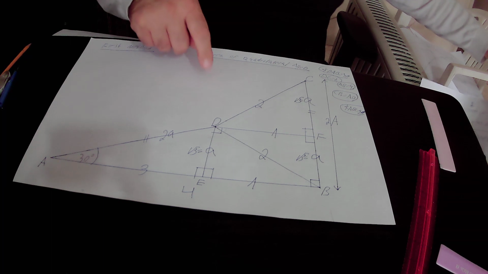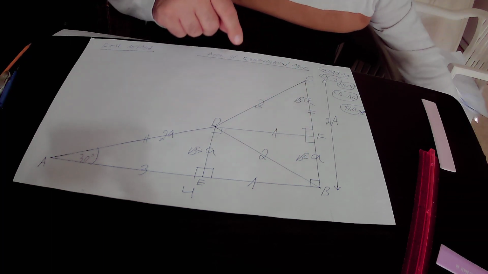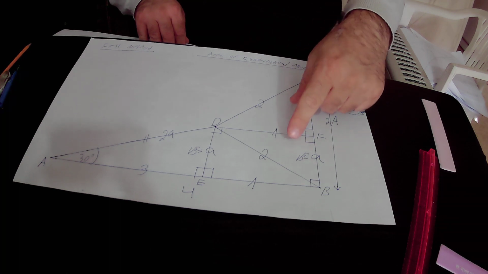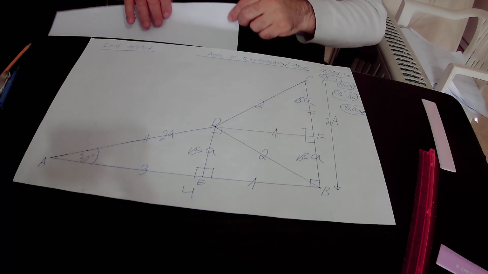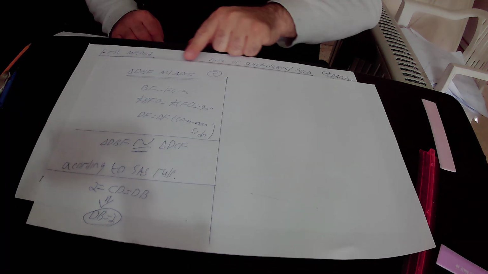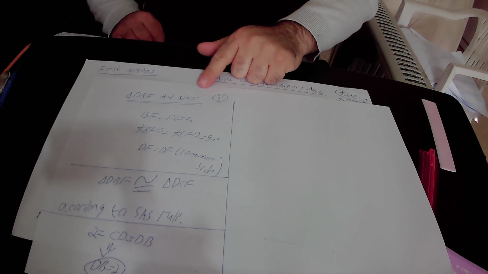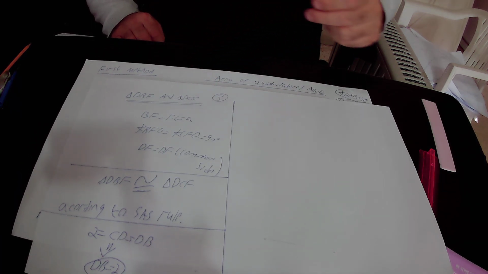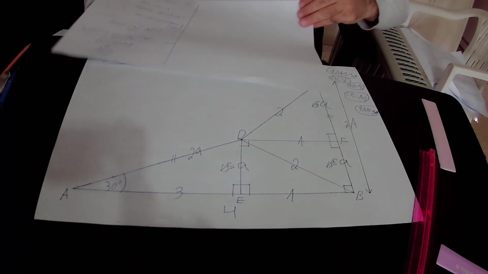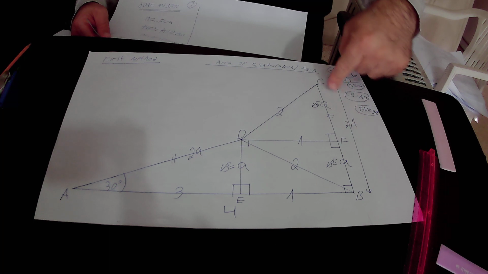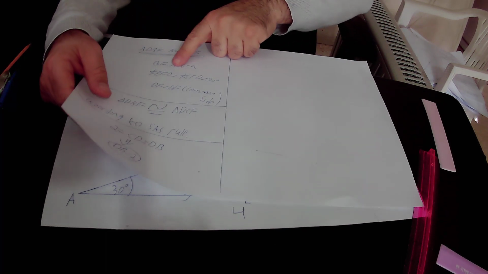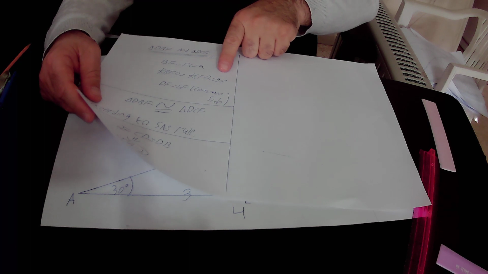Then we join points D and B by a straight line, and we prove that those two triangles can go into each other. That is to say, triangle DBF can go into triangle DCF. Why can they go into each other? First of all, BF equals FC equals A. Angle BFD equals angle CFD equals 90 degrees.